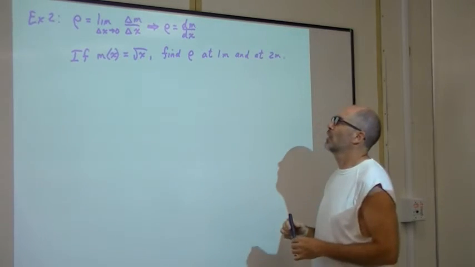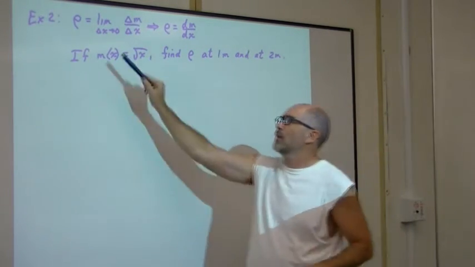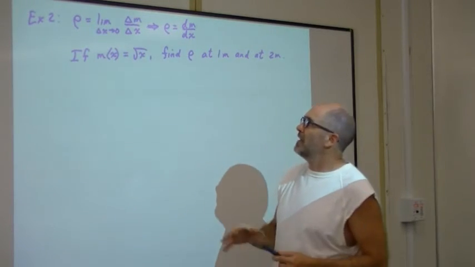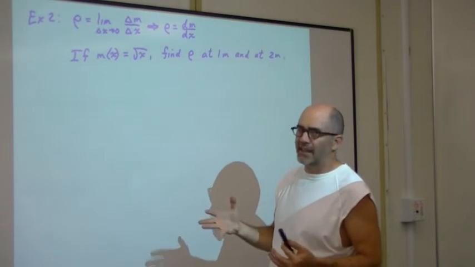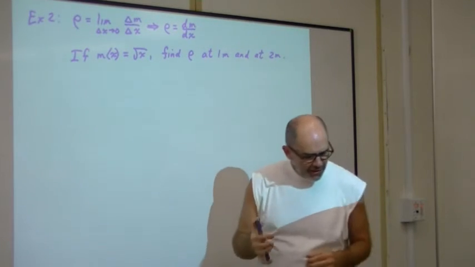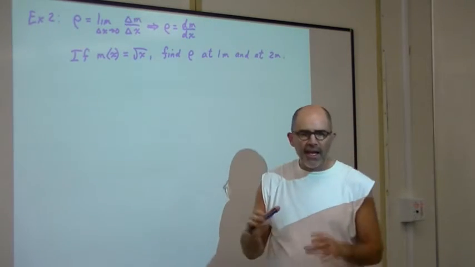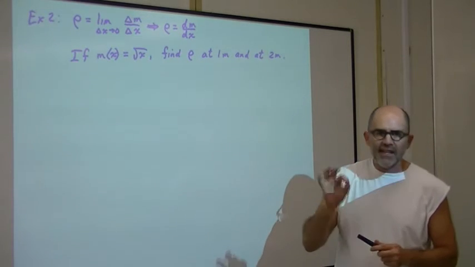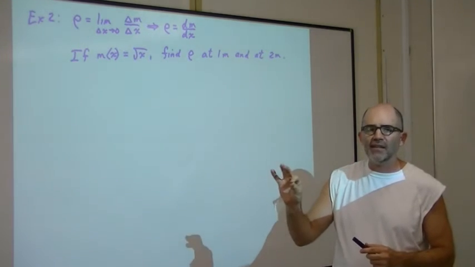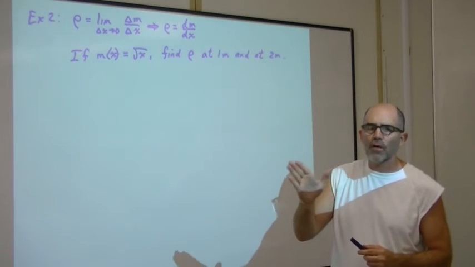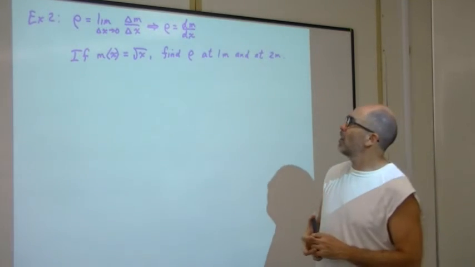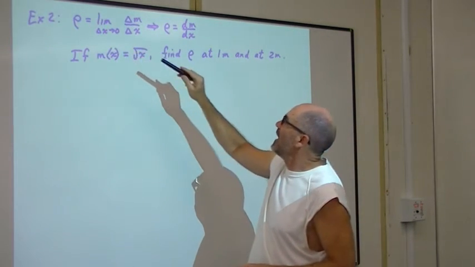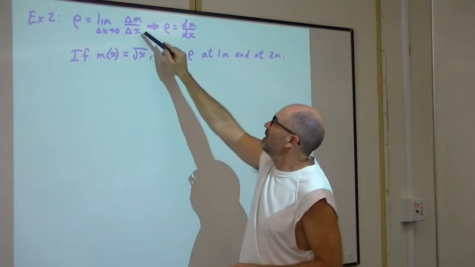All right, example 2. We've got rho. It's not a P, it's a rho. That's a Greek letter that basically stands for density. Now, in this situation, we've got a rod that gets denser and denser as you go from left to right. So this density is a function of distance.